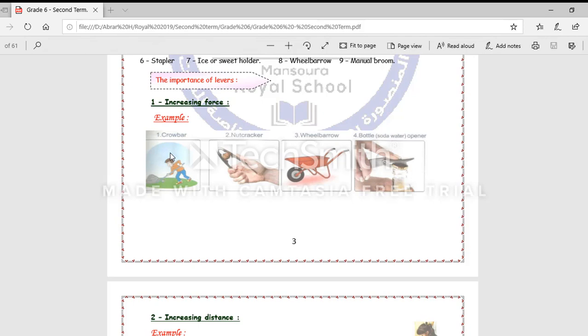But if I try to lift it and carry it using a crowbar, it will be easier. Also in the nutcracker, if I try to break the nut with my bare hands, it is very hard. But by using the nutcracker, it will take a very small effort to achieve this function. And also the wheelbarrow and the bottle opener. So the first function of the levers is to increase force.